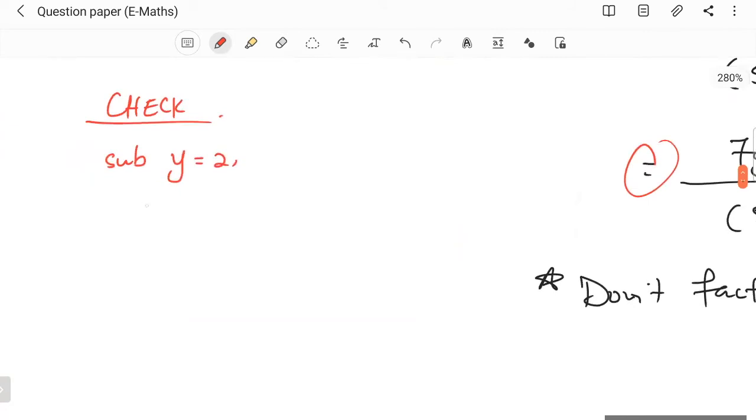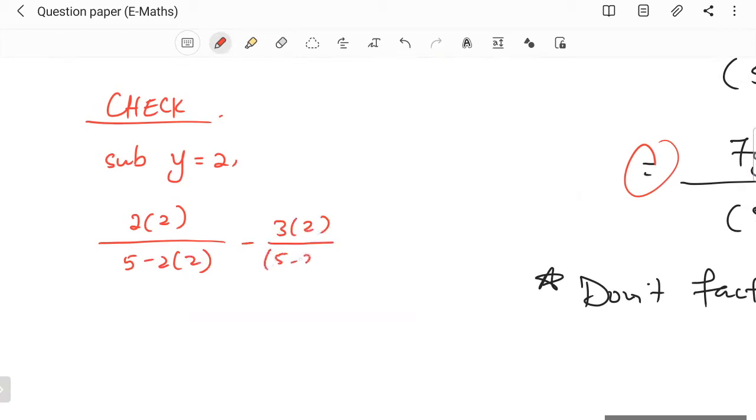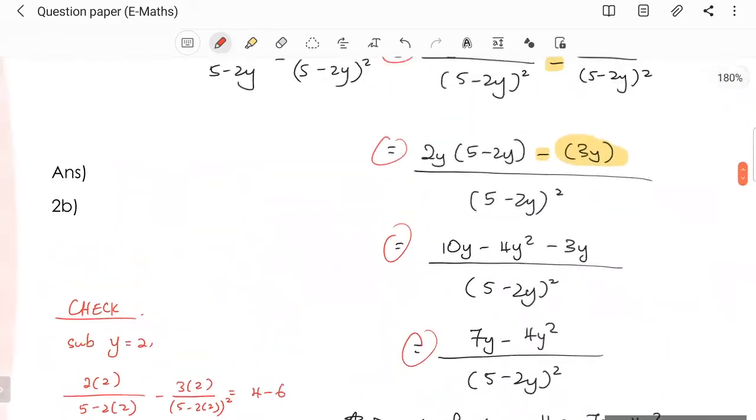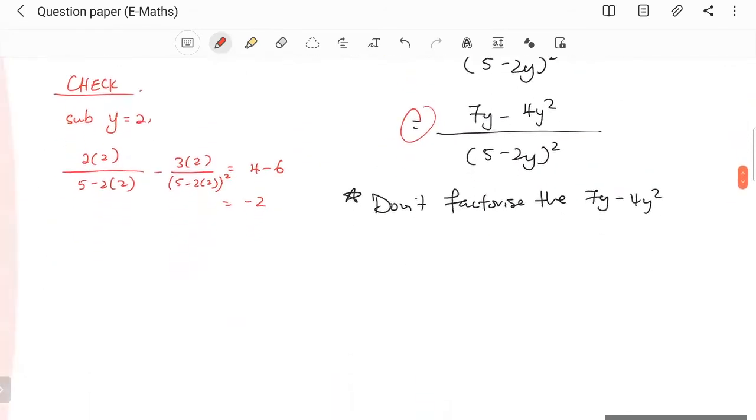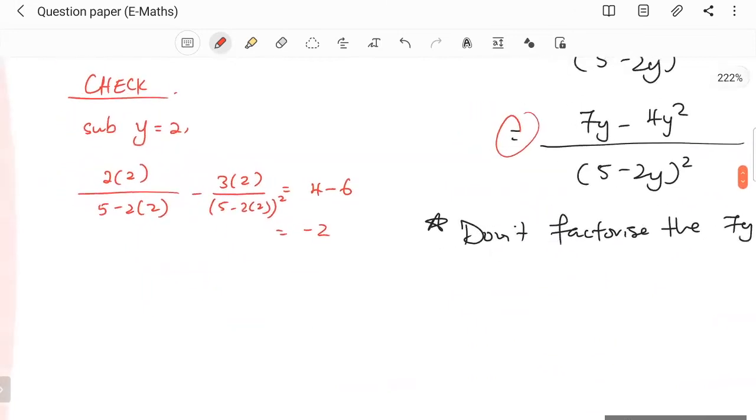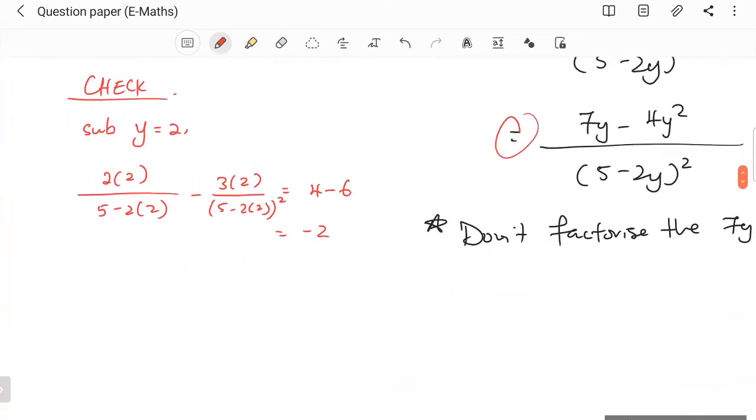So what I will have is 2 multiplied by 2, after pressing into the calculator. So what we have is 4 minus 6, giving me negative 2. So this is the question value if y is equal to 2. In order to ensure your answer is correct, we must make sure the answer that we have also gives negative 2.